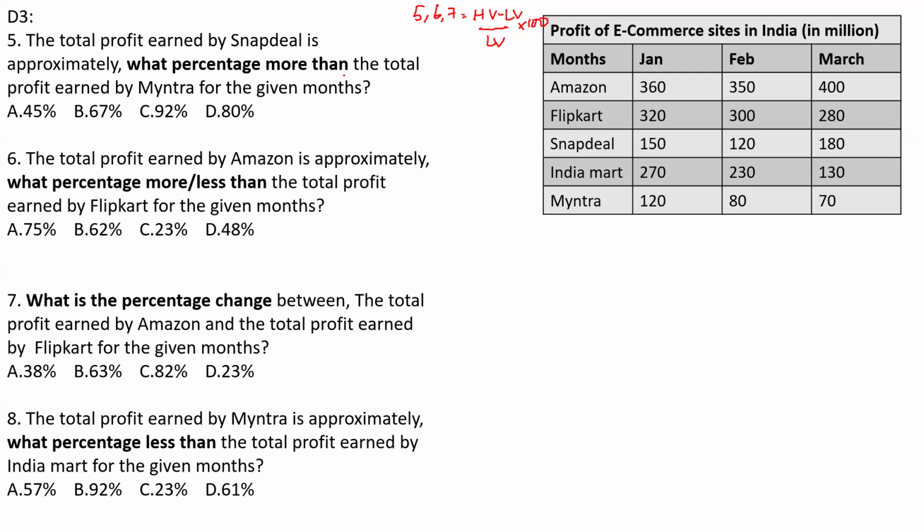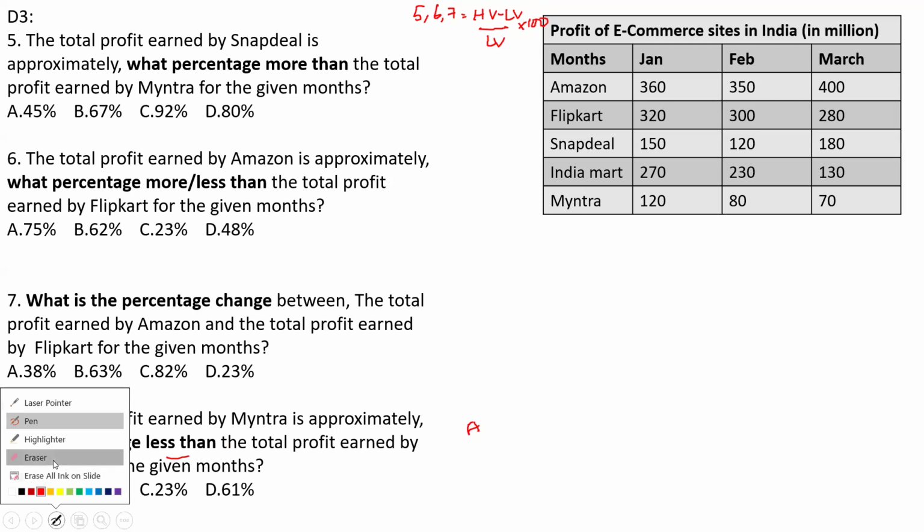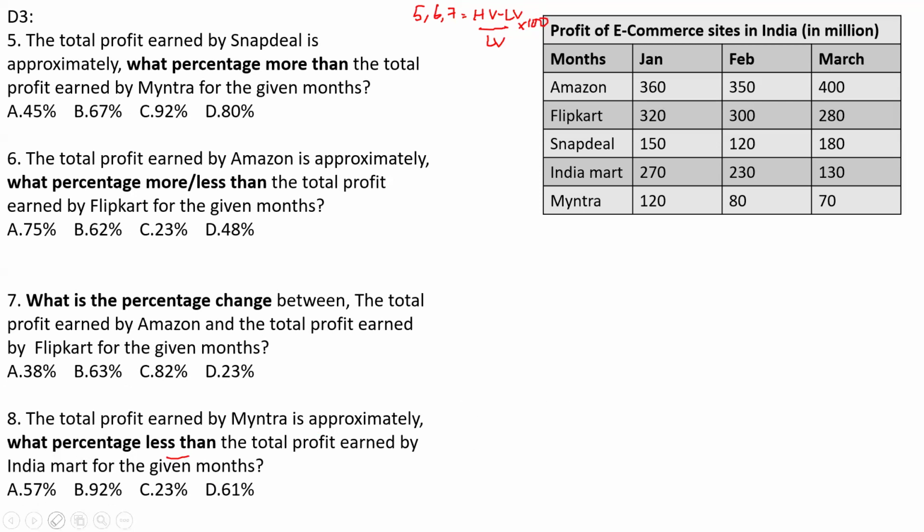The formula would be higher value minus lower value, divided by higher value, into 100. So the lower value is nothing but the base value, and the higher value is like the next or the current value.